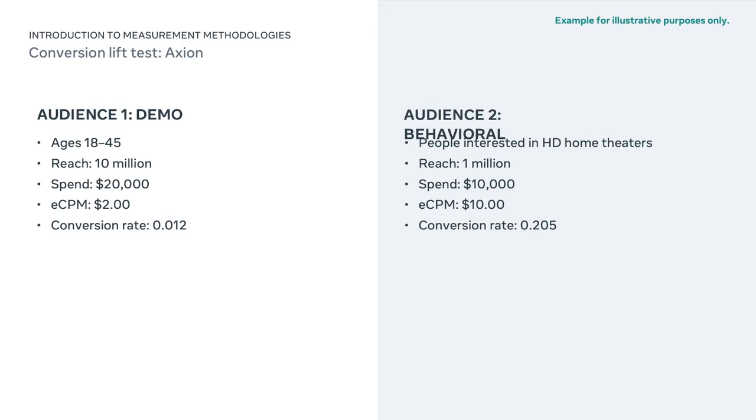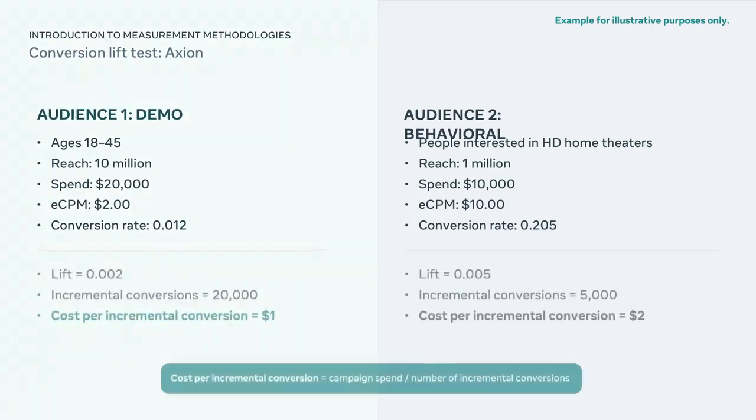However, these two audiences actually each had a separate conversion lift test. And the example here showed that audience 1 is a lot more cost efficient, given the test and control outputs. We will know this by calculating the cost per incremental conversion, which is the total campaign spent divided by the number of incremental conversions.